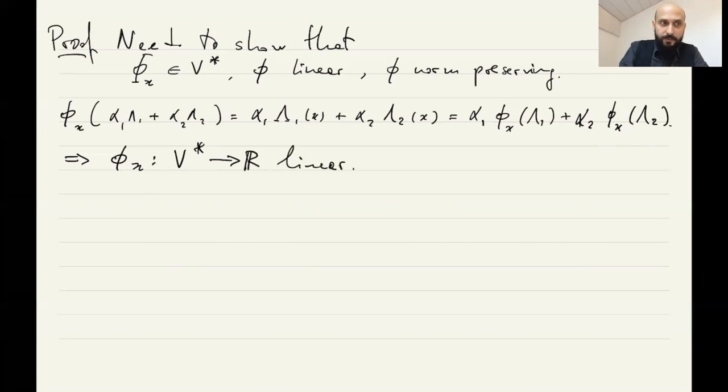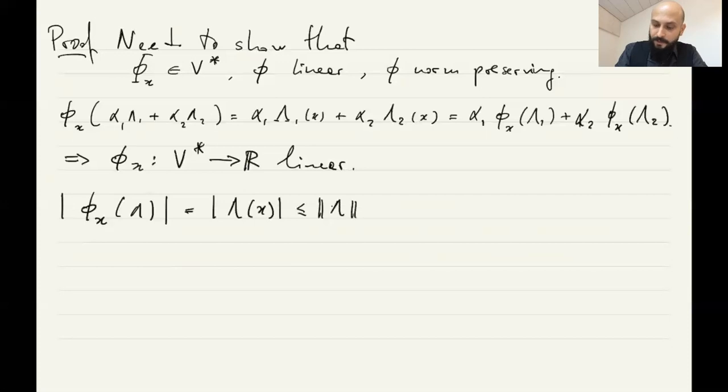Let's check the continuity of this map. So Phi-x at a lambda, by definition, is lambda of x, and lambda is continuous, so this is less than the operator norm of lambda times the norm of x. But now let's not see this as a function of x, but as a function of lambda.